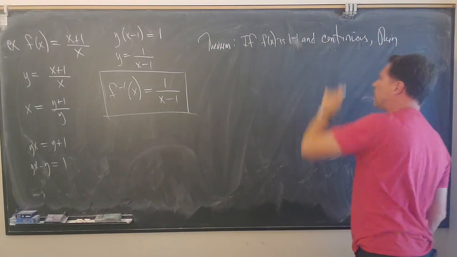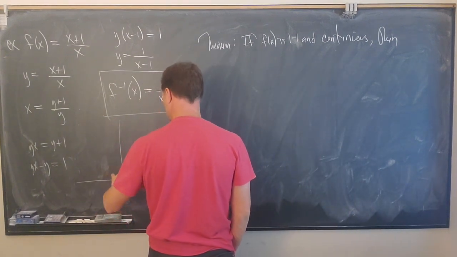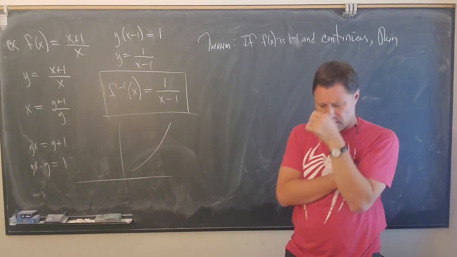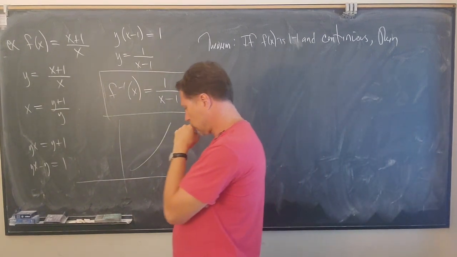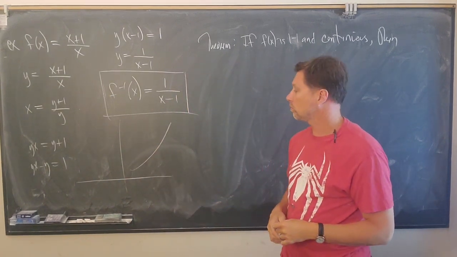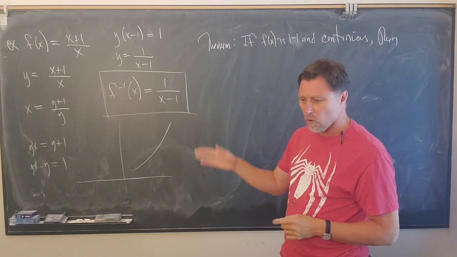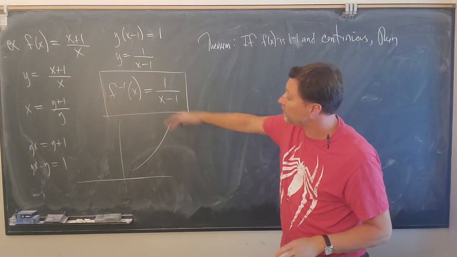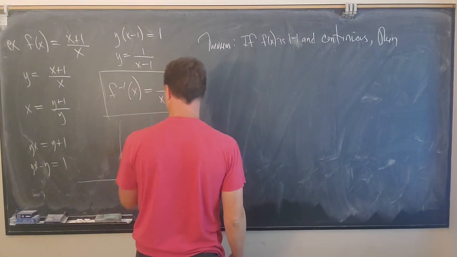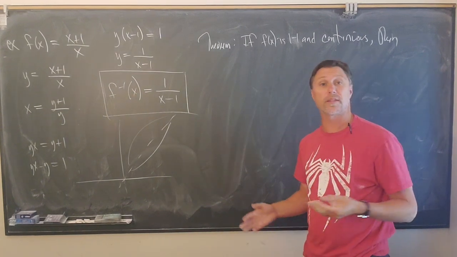then, and here I want to focus on the continuous part, right? So if I have a 1 to 1 function, and it's continuous, remember, what does continuous mean? That means that it has no holes or breaks in the graph. If my function has no holes, no breaks in the graph, and I reflect it about the line y equals x, right, that reflecting process is not going to introduce any holes or breaks in the graph also.